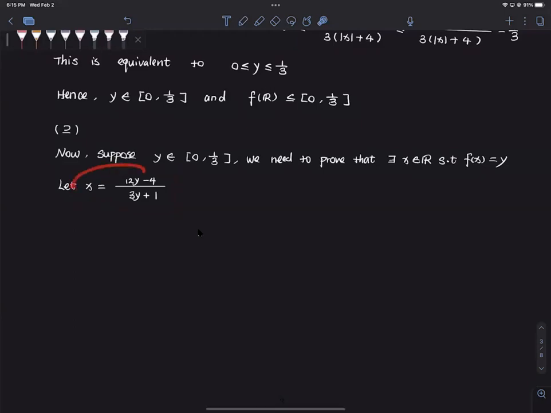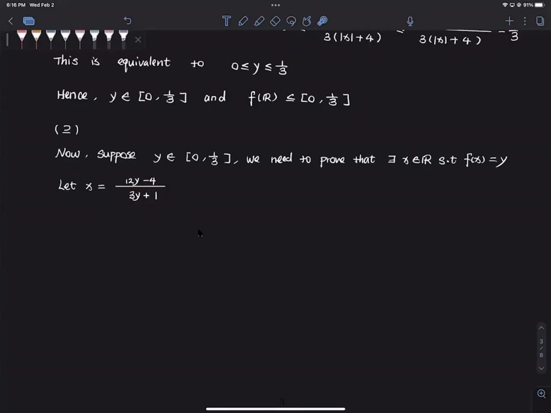Just based on this, this is my y in. How do I know this? Yes, you need to say this is non-zero, because if it's zero, then it doesn't make any sense.